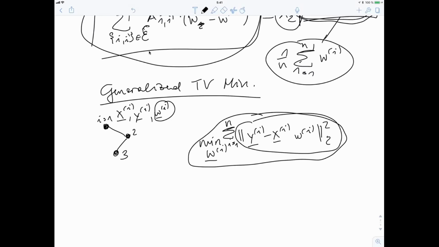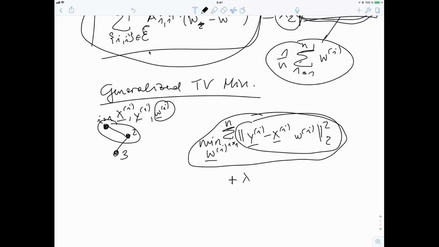And now we bring in the coupling using the similarity graph. So we want to enforce the model parameters to be similar across edges. We want to couple them across edges. And this is equivalent to penalizing or regularizing using a measure for their variation. So we want the variation to be small over edges. So we penalize the variation over the edges.